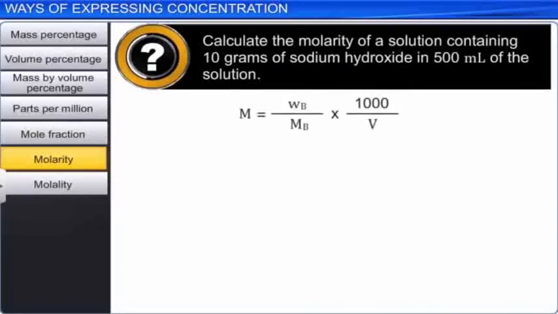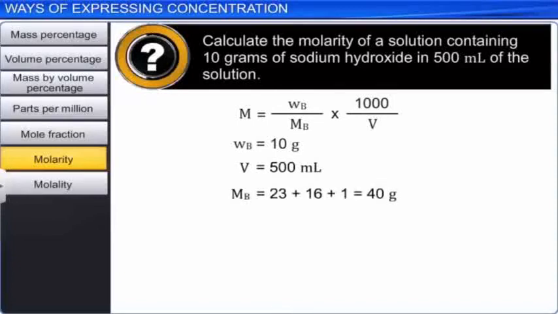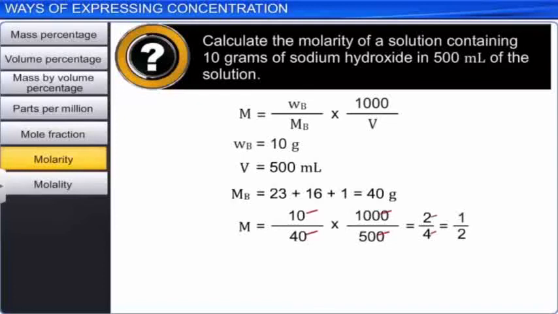That is, Wb is equal to 10 grams, V is equal to 500 ml, molar mass Mb for sodium hydroxide is 40 grams per mole. Now, substituting the values in the formula and solving it, we get M is equal to 0.5 moles per liter.